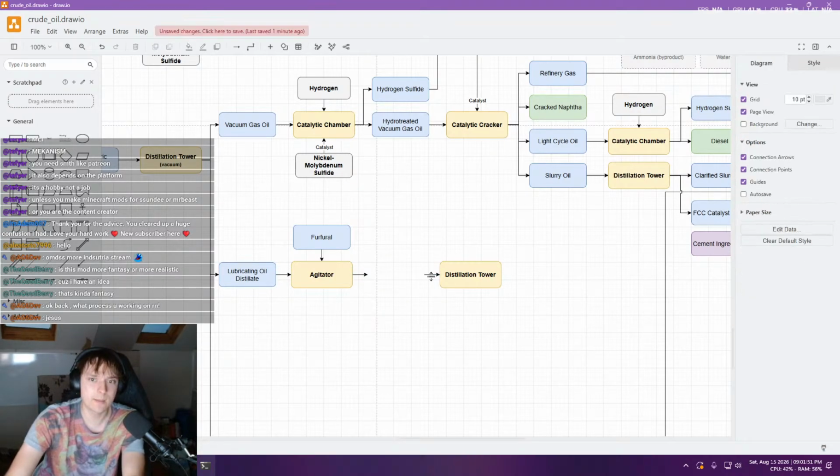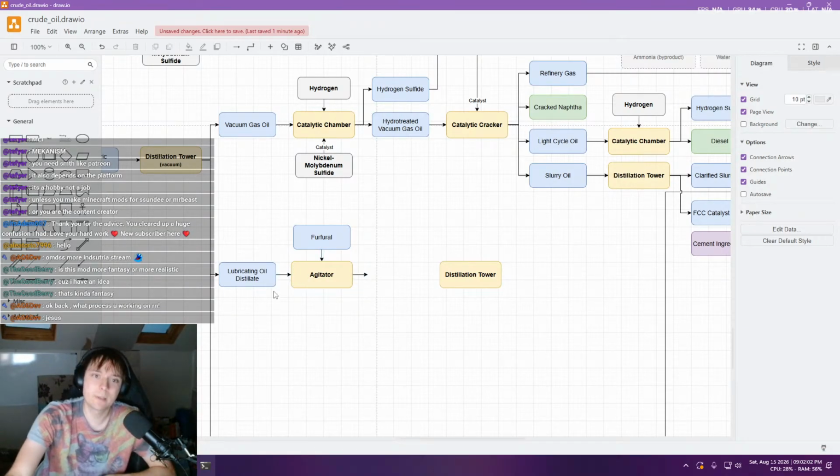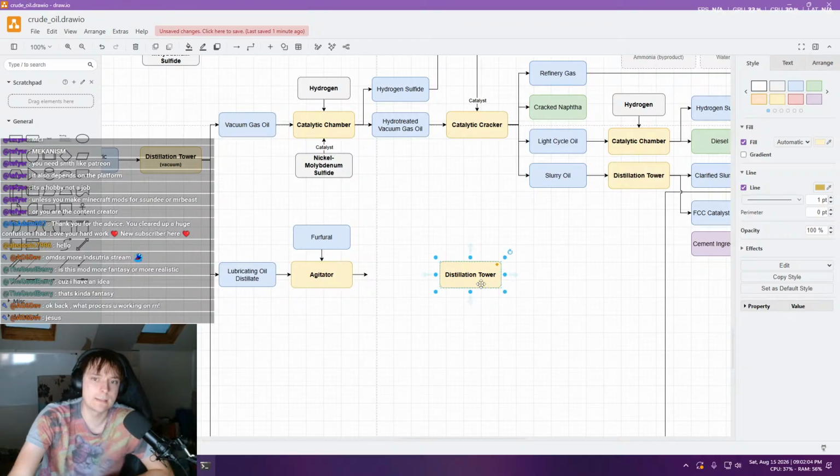I think we can skip that step entirely and just... See, the problem is we can't put both of these in here.